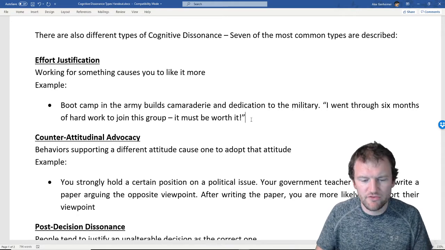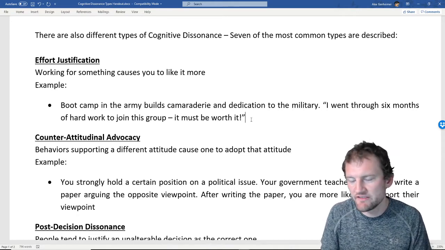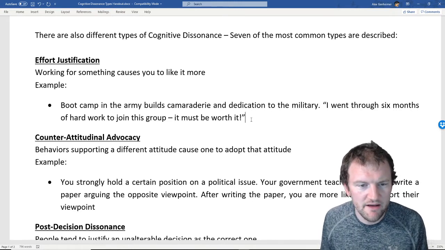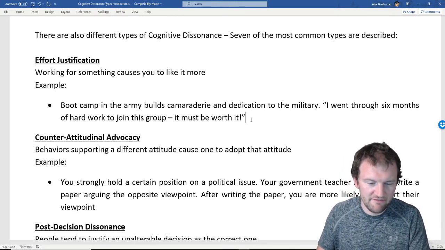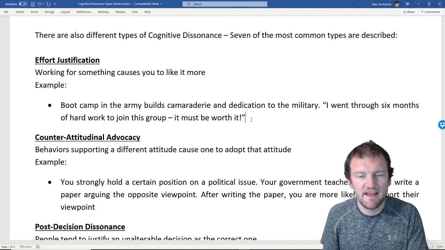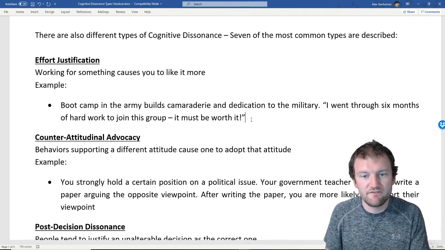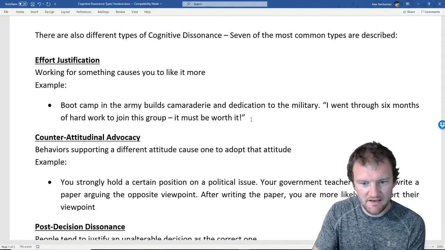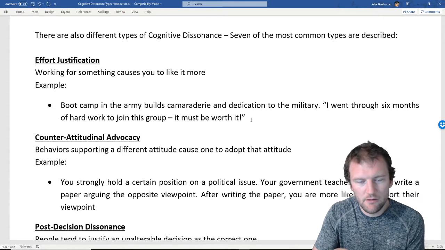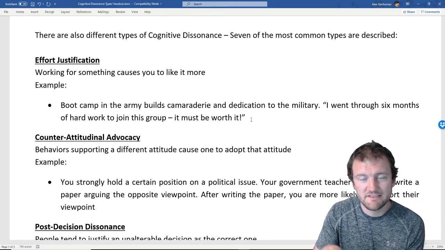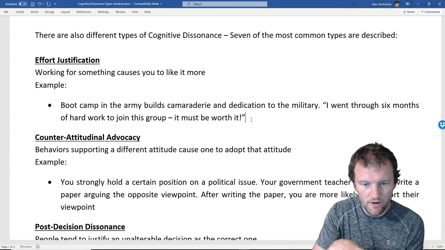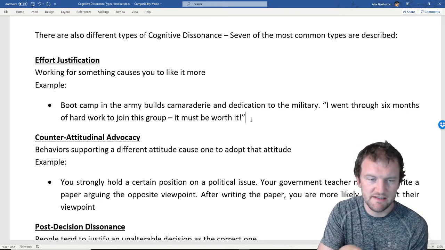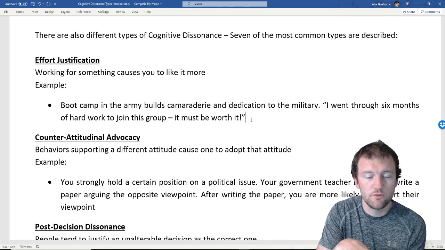But having to go through 6 months of boot camp makes you put some effort in, and it would be dissonant if you had to work really hard for 6 months to be in the army, and then you later think, army's okay. It's not that great. That's dissonant. You had to work really hard for something that's not that great. Well, you have to justify that somehow, subconsciously. So, can you change the fact that you had to work really hard for 6 months? No, that's in the past.